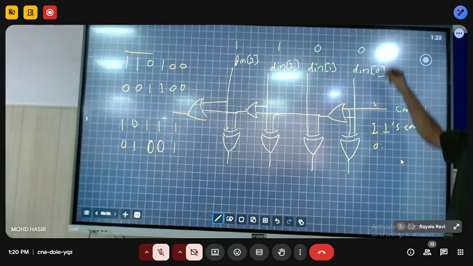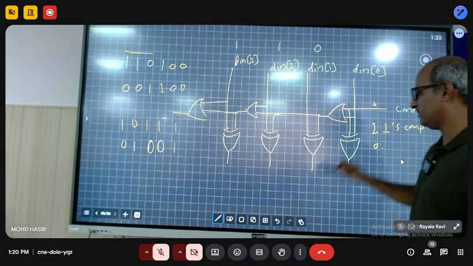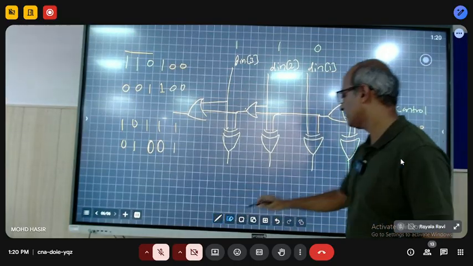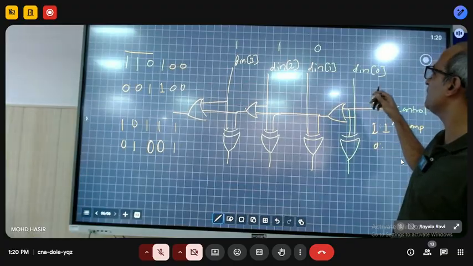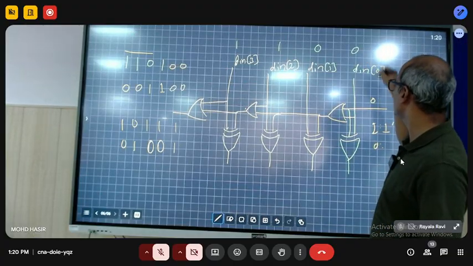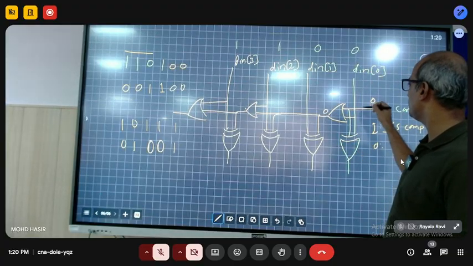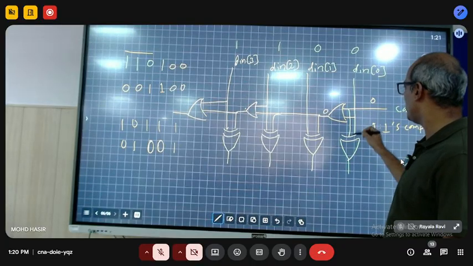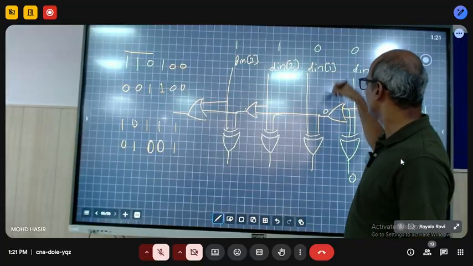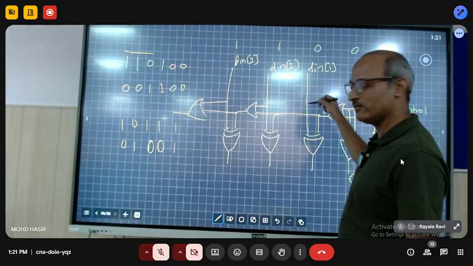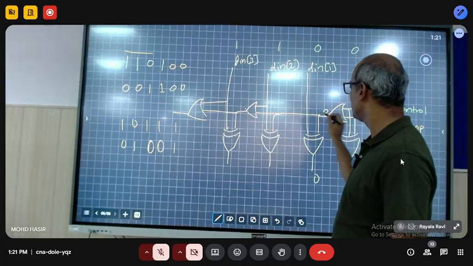What will happen? 0 and control signal is 0. So this is 0, and this was also 0, so 0, 0, this will be 0. One input 0, other input 0. How about this? 0. What is output here? 0. What is output of this? 0.